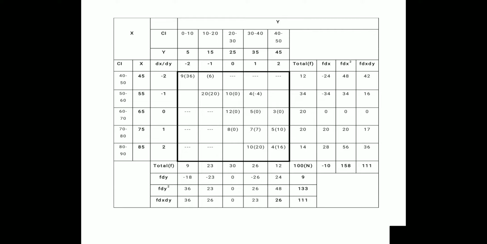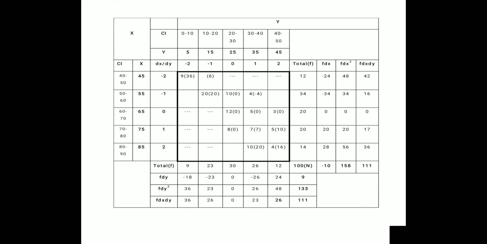When this procedure is followed in the vertical format, then we can arrive at f dy square, that is minus 18, that is f dy into minus 2, that is dy. Minus 18 into minus 2, that is 36. So these are the f dy square values, and when we compute all these values of the column, we can obtain sigma f dy square, that is 133.